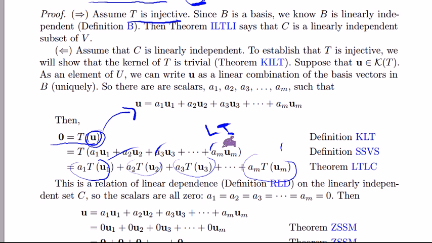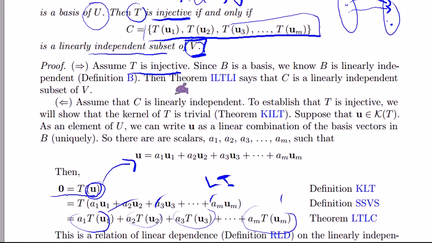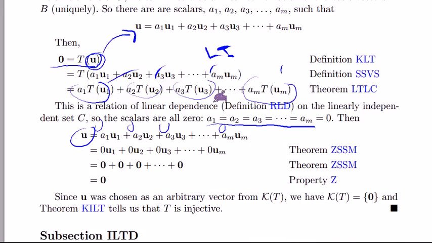If these are linearly independent, the only way to make this 0 is if all of the A's are 0. And if all of the A's are 0, then U itself must be 0 because it's a linear combination where all the coefficients are 0. So that gives you the other way. It shows that linear independence of the image of the basis is equivalent to an injective linear transformation.